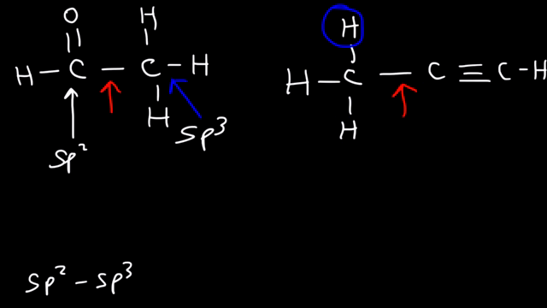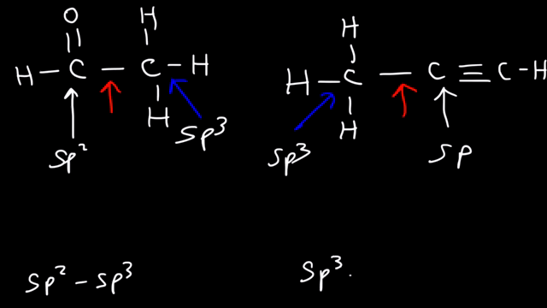So therefore that carbon is sp3 hybridized. The carbon on the right, it's attached to 2 other carbon atoms. So therefore it's sp hybridized. So we could say the bond is sp3-sp hybridized.